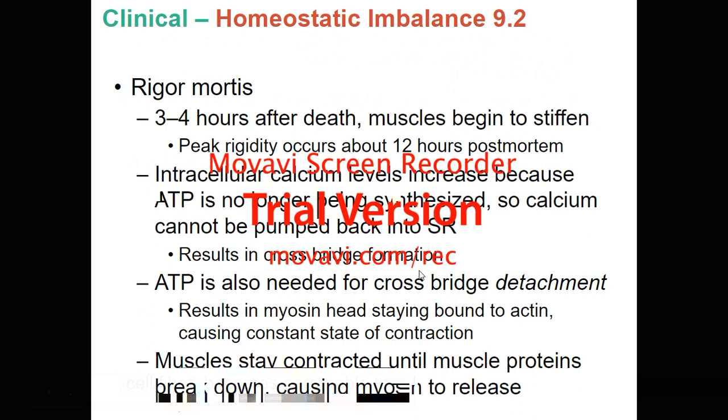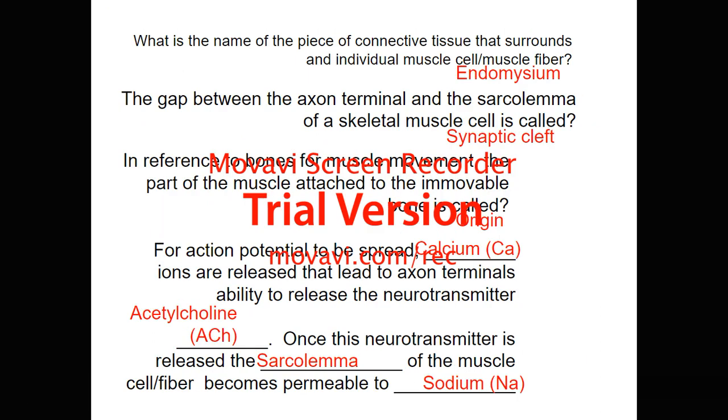In reference to bones for muscle movement, the part of the muscle attached to the immovable bone is called the origin. For action potential to be spread, calcium ions are released that lead to the axon terminal's ability to release the neurotransmitter acetylcholine. Once this neurotransmitter is released, the sarcolemma of the muscle cell fiber becomes permeable to sodium.